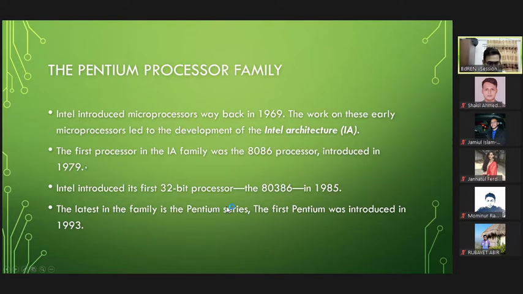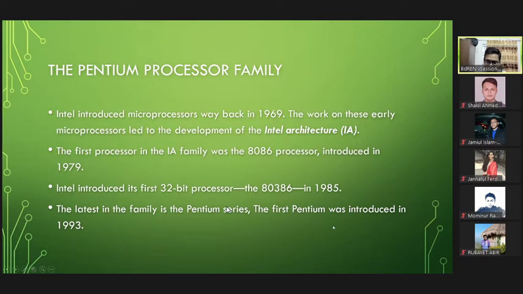The first architecture that Intel officially used is 8086, way back in 1979. Then our first 32-bit microprocessor was 80386 in 1985. And the PENTIUM processor was first launched in 1993.